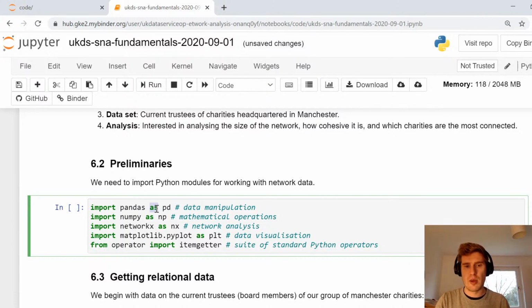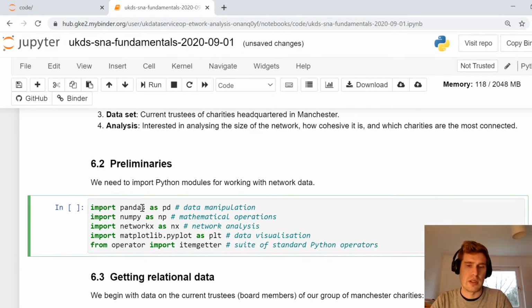So we need a couple of different packages in Python. Think of a package as a collection of programming code that allows us to do things in Python. So for example, pandas, I'm not entirely sure what the correct pronunciation is, is a data cleaning or data wrangling package that allows you to import data, clean it up, and spit it out in lots of different formats.